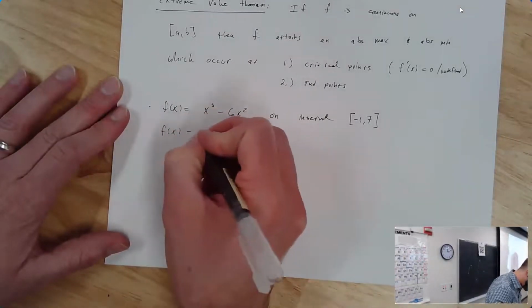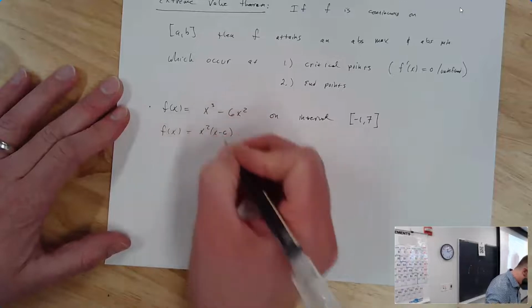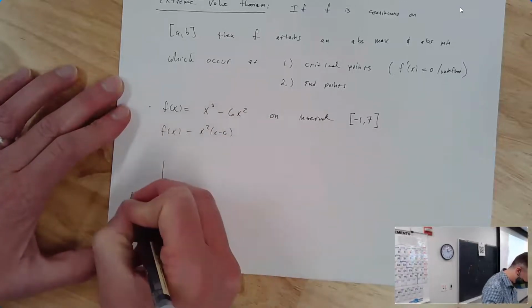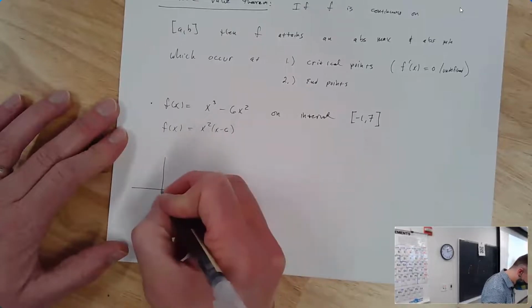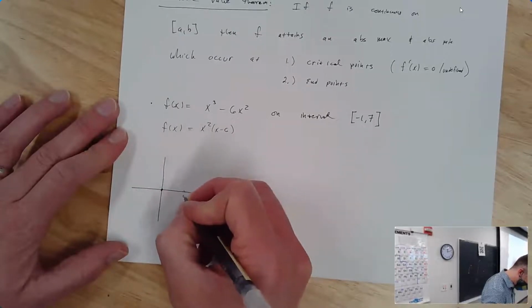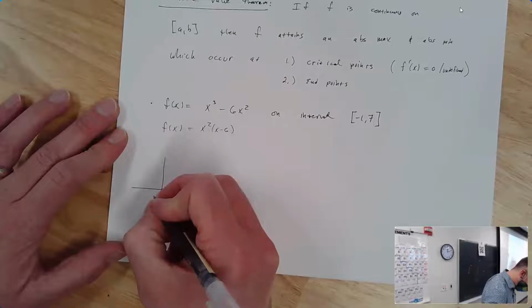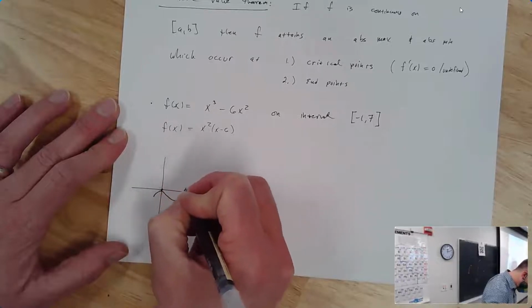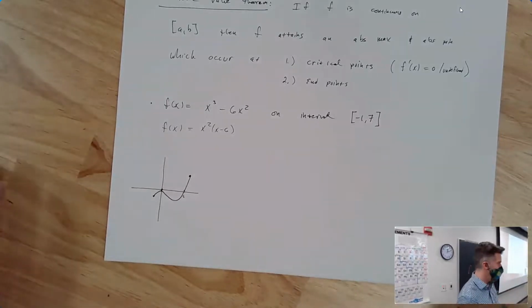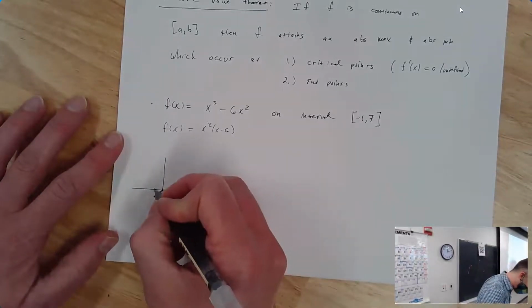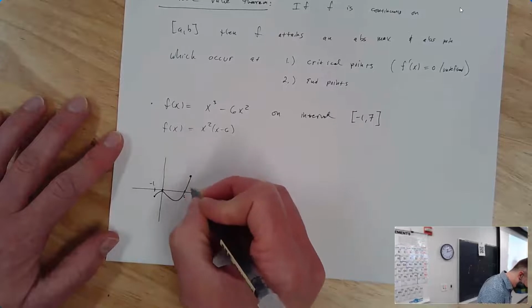We factor out an x squared. Here is a very rough sketch of this graph. It's going to have an intercept at 0 and at 6. It's going to look kind of like this. I'm only drawing the parts of it that I have, right? I'm starting at -1. I'm ending at 7.